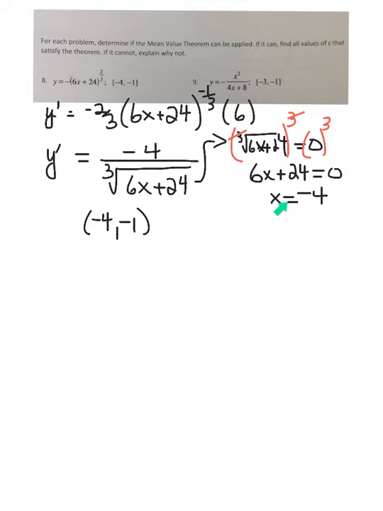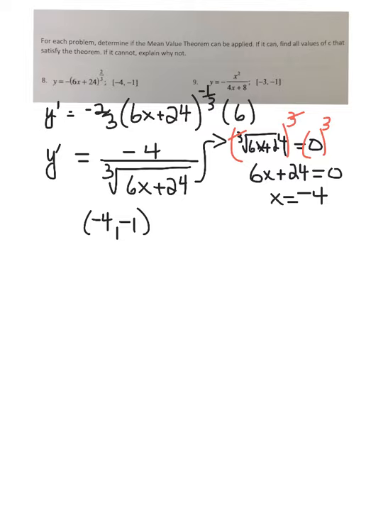And so since this value that we have is not in that domain, we're still good. Yes, I understand the function is not differentiable at this point, but that point is not in that interval because we don't have a bracket here. We have a parentheses, so we can keep going. All right, so then remember what the rule is.